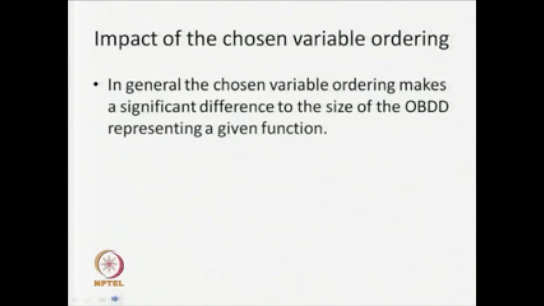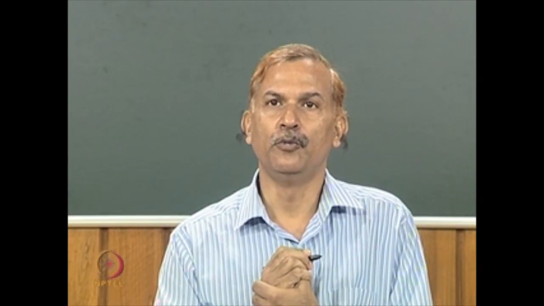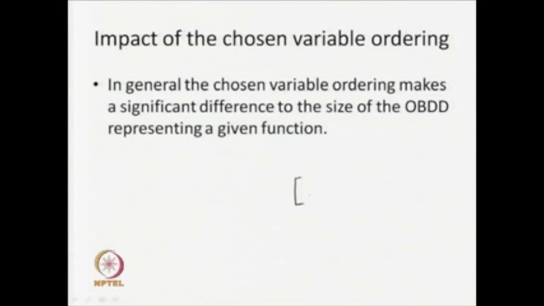Now, we have some impact of the chosen variable ordering. I am going to put a variable ordering. Say I have variables x1, x2, x3, like that up to xn. This may be one variable ordering.